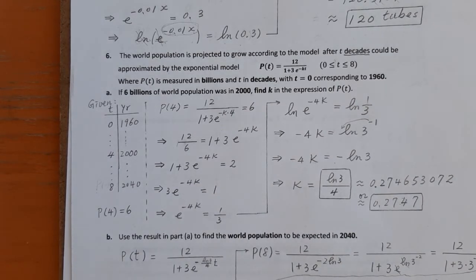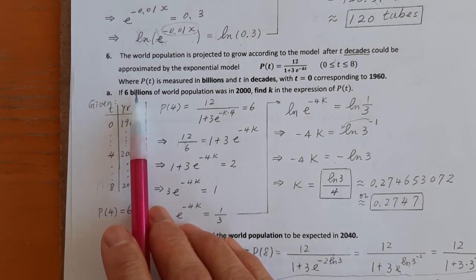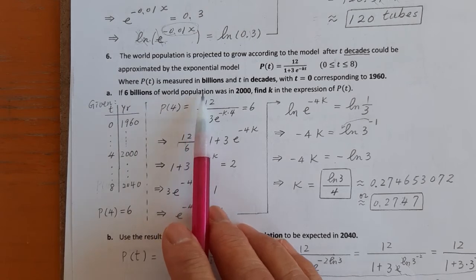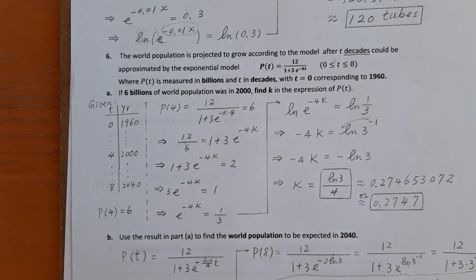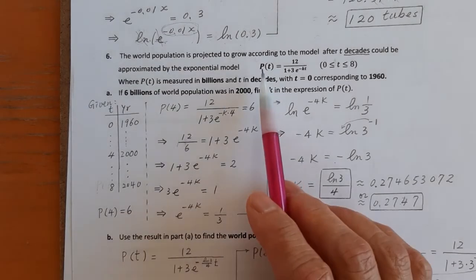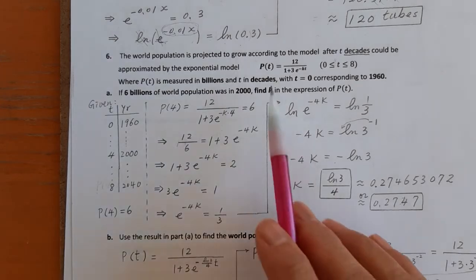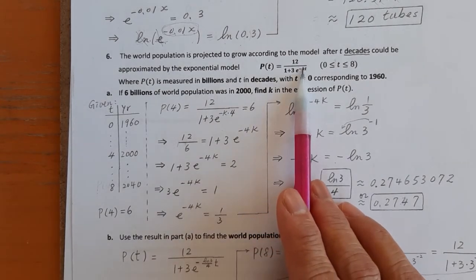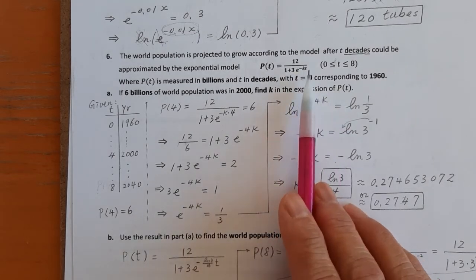Part A: if 6 billion was the world population in 2000, P is 6 billion. Find the K. Here there is a K in the expression P of t. Find this K.